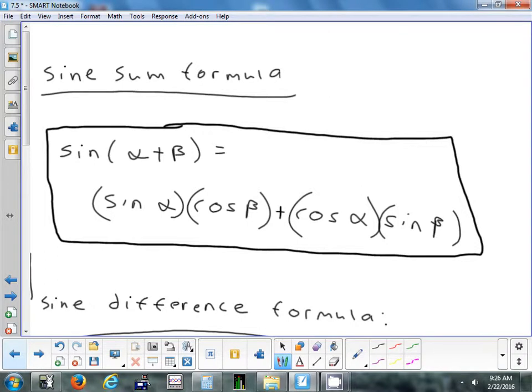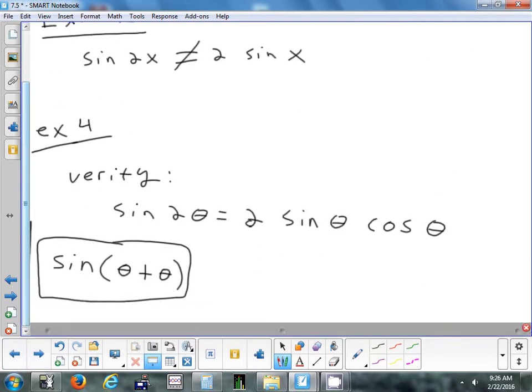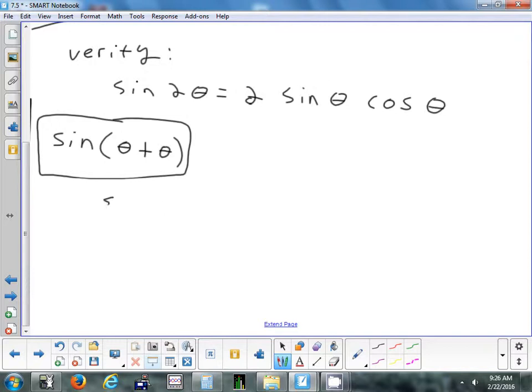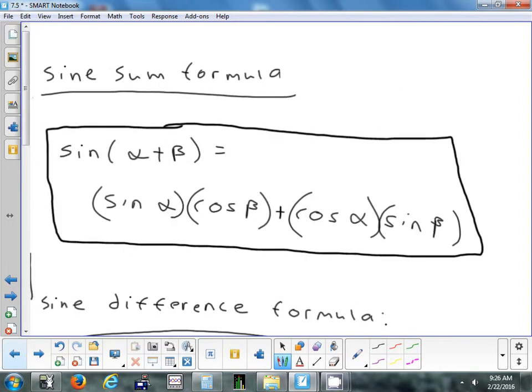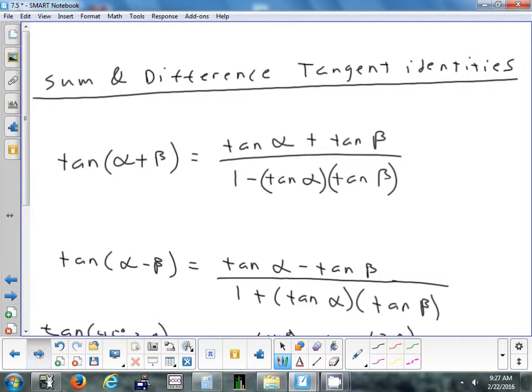So it's sine of the first, cosine of the second, but they're the same thing. Sine of the first, cosine of the second. And then cosine of the first, sine of the second. But again, they're the same thing. So it's cosine theta, sine theta.